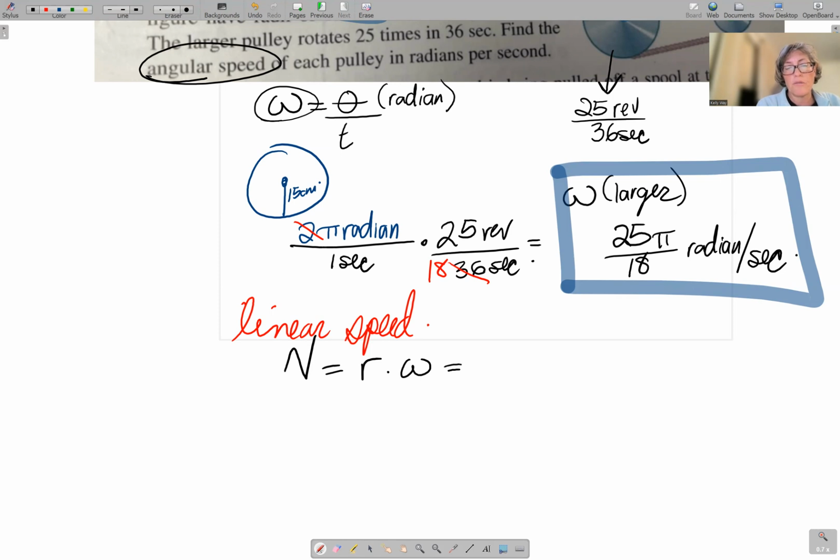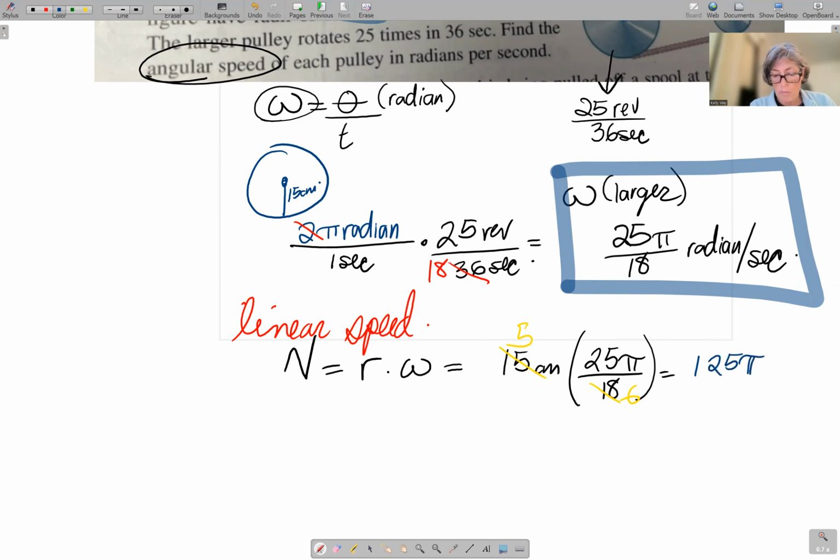So in this case, for the larger one, that's going to be 15 cm times 25 pi over 18 radians. We can reduce this, of course. 3 goes in here 6 times, 3 goes in there 5. So my linear speed is going to be 125 pi over 6. And our units here are centimeters per second. So that is my linear velocity.